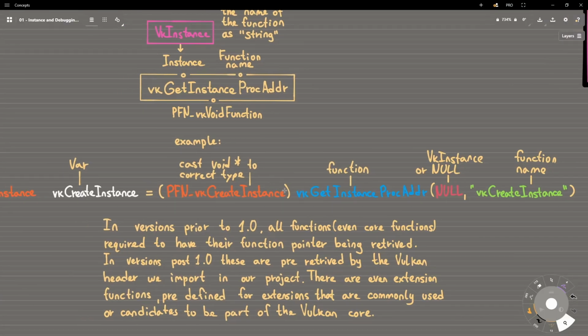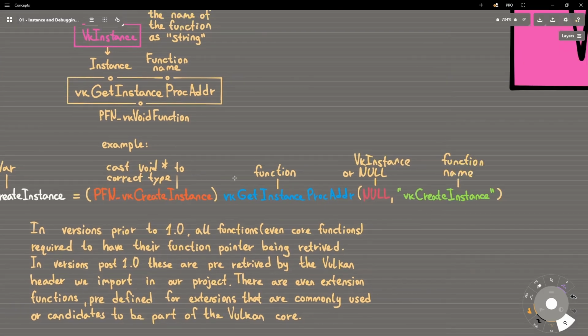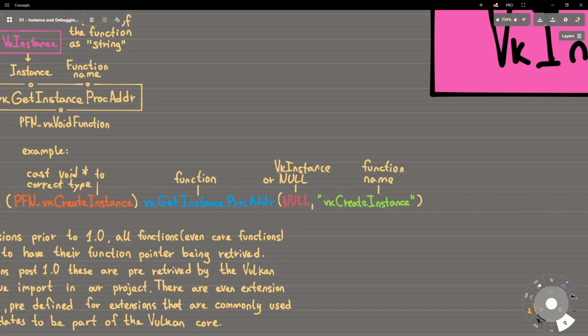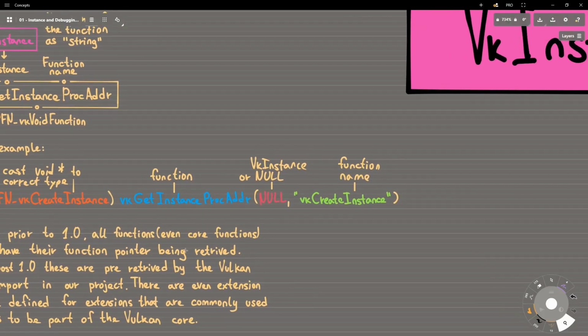Then we cast to that function type, because vkGetInstanceProcAddr returns a void pointer, so we have to cast it to our type. We pass the instance and the name of the function. In this particular case, when we want to create the instance, but the function itself is asking us for the instance, we can pass the null pointer.